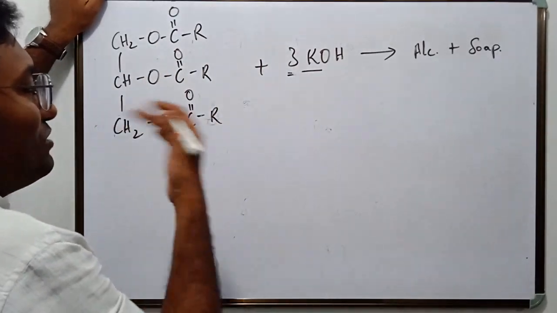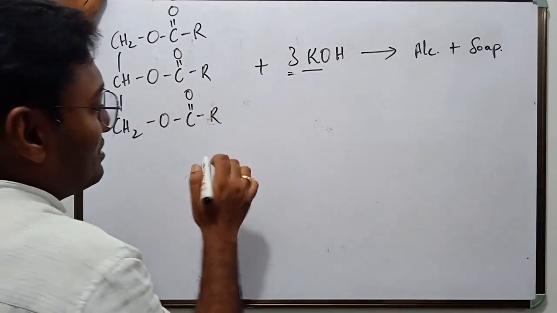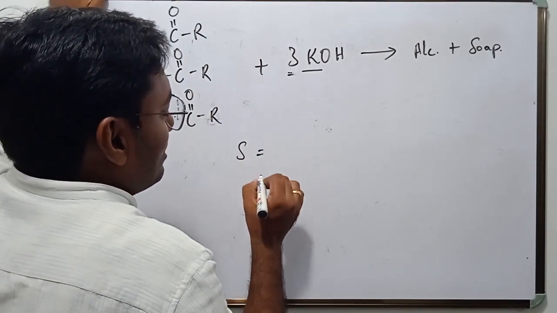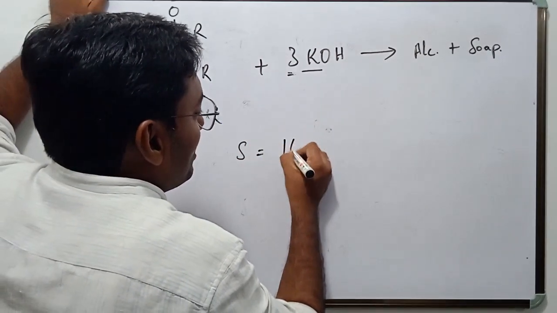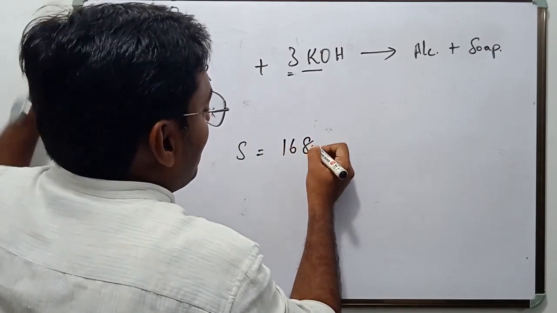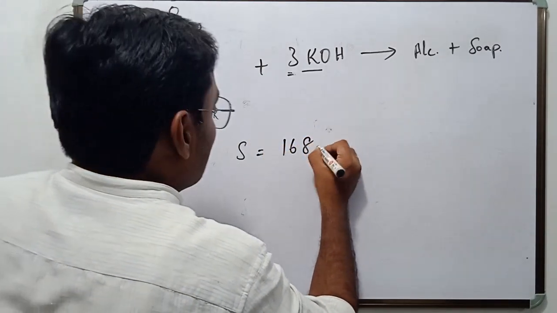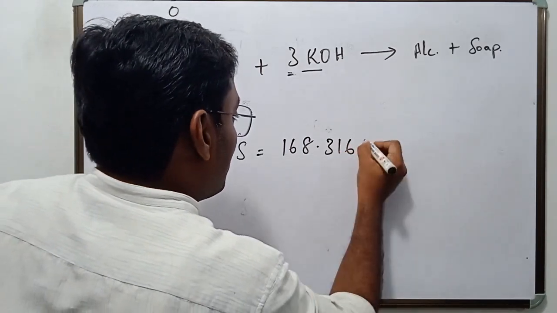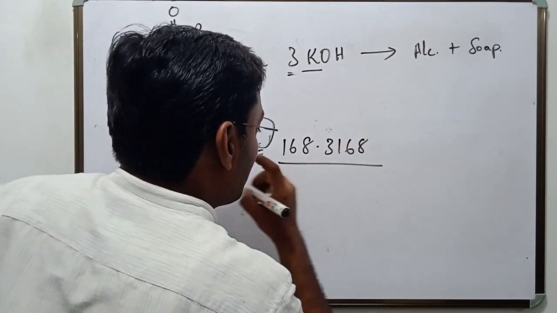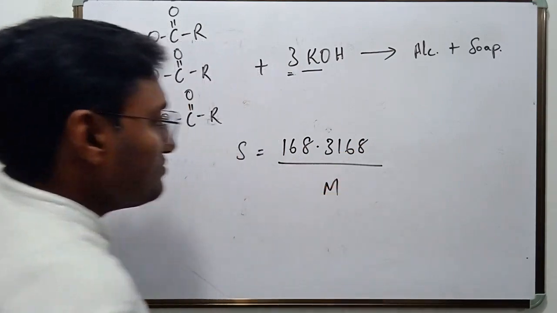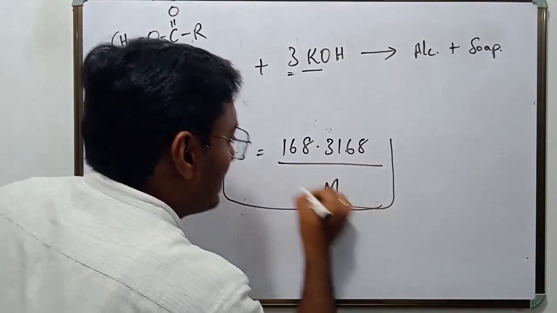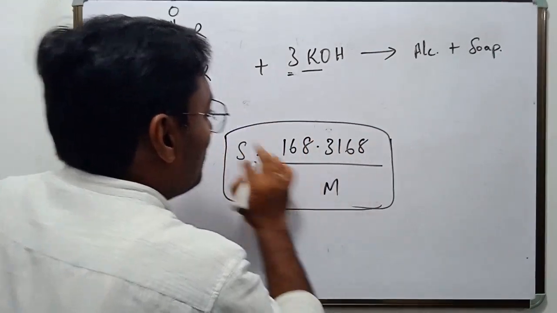So look at this formula now. What was our formula? S, that is the saponification value, is equal to 168,316.8 divided by molecular weight. Look at this formula of saponification value.